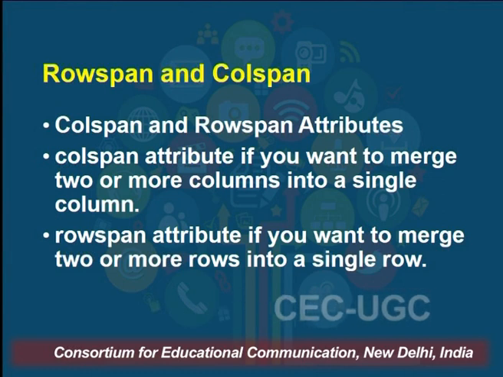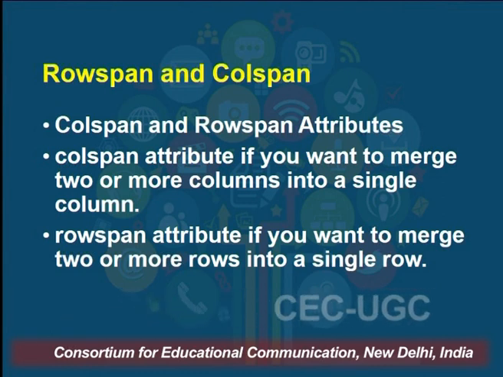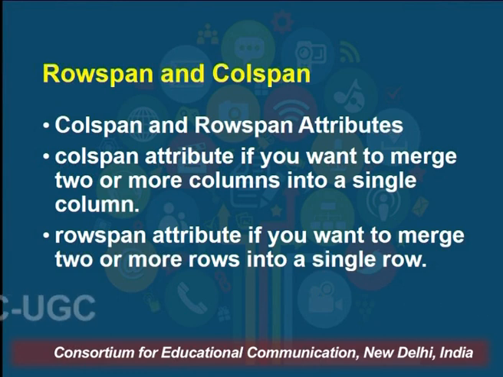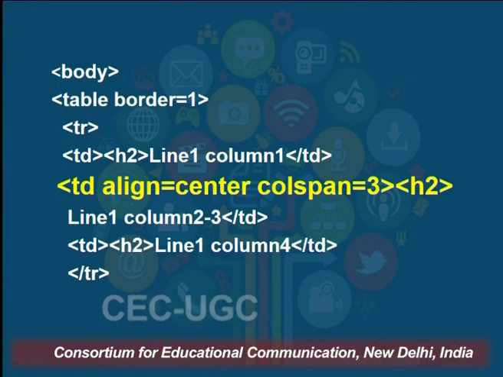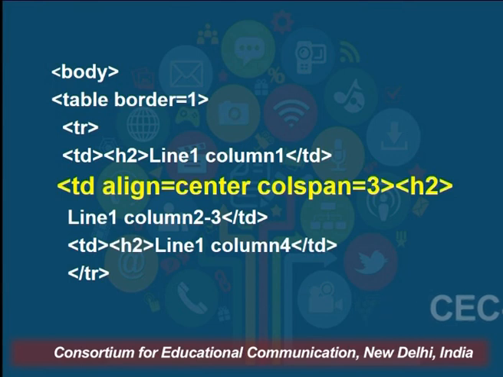As the name suggests, the col span attribute is used to merge two or more columns into a single column, and the row span attribute is used to merge two or more rows into a single row, right. You have to specify this row span or col span attribute with the cell. So, you are specifying TD colspan equal to 3.